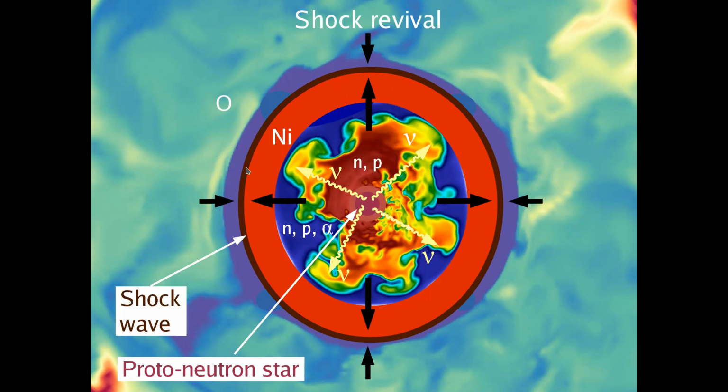I've tried to sketch that the shock is deformed. At that time, my abilities to use these graphics tools were not good enough to do it in a more realistic way. But maybe from this deformation of the shock, you can already conclude that this shock wave is revived asymmetrically because of what is going on behind the shock wave: neutrino energy deposition and hydrodynamical instabilities.